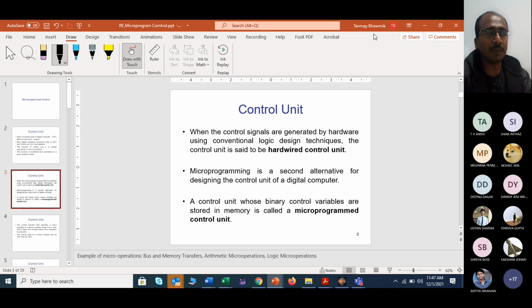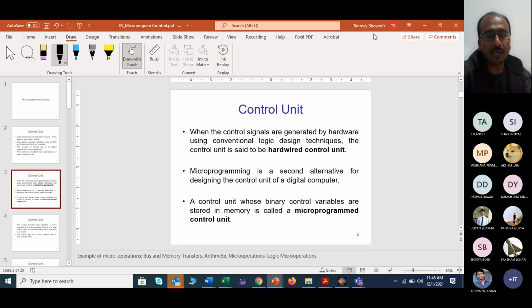Whenever you are designing a control unit using hardware, using digital logic techniques and design methodologies, then you will say it is your hardware control unit, right? And whenever you are using programming techniques or microprogram instructions which are stored in memory, then you will say it is your microprogrammed control unit, right?